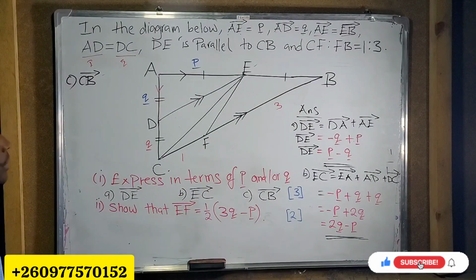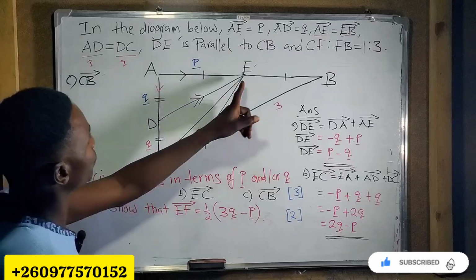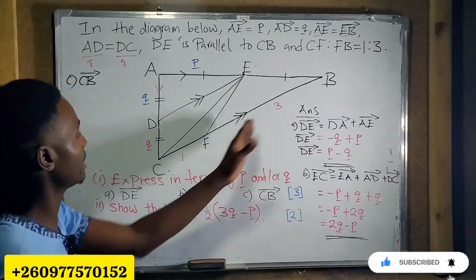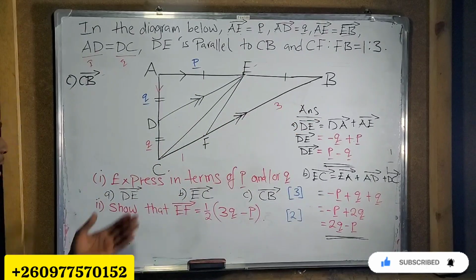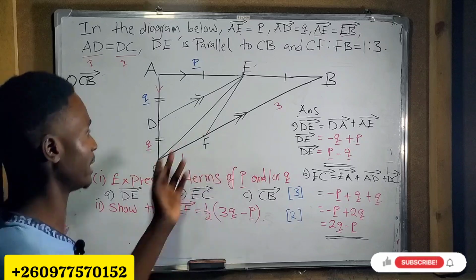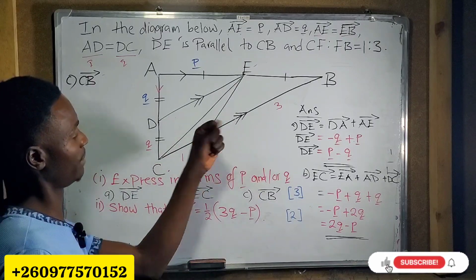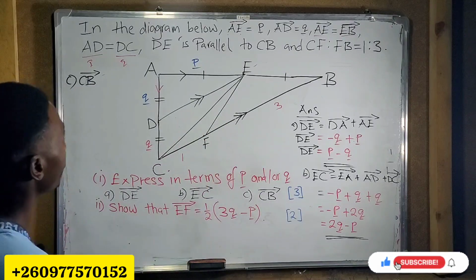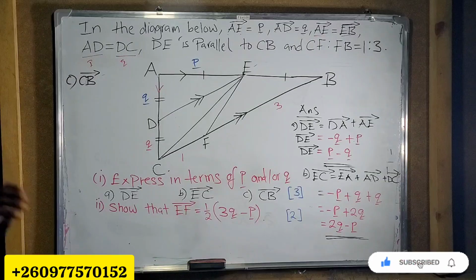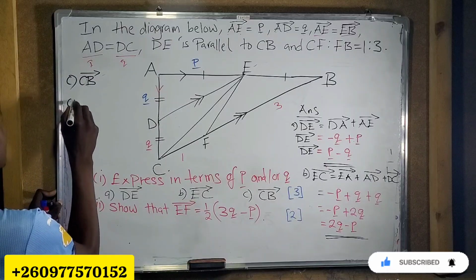The reason why we did not use this route is because we don't know what BC is. This is where we need to calculate, the opposite is CB, not BC. Now, it is very simple.